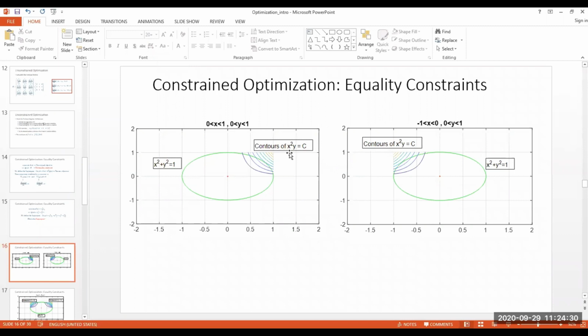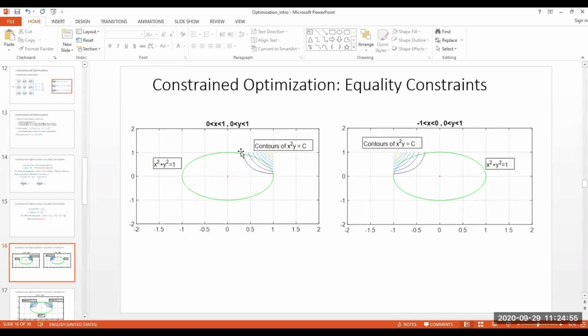That means each of these contour lines gives me a fixed scalar value for this expression x square y. If I am moving along this line, I have a fixed value for all the points, for different values of x on the x-axis and different values of y on the y-axis.